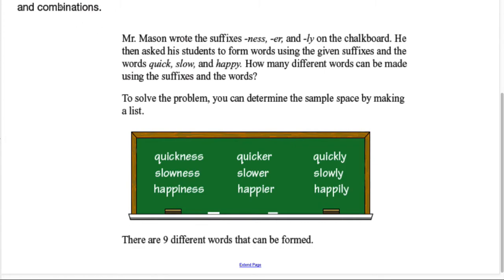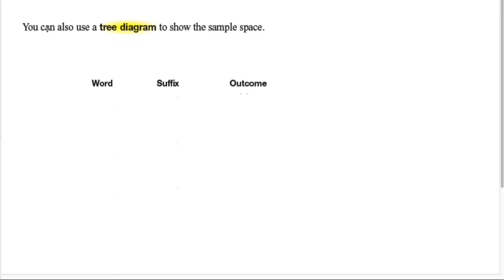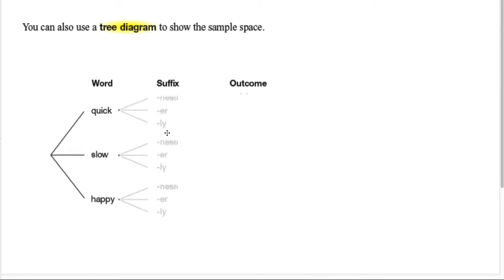In this particular case, we can also use a tree diagram to show the sample space. In a tree diagram, the words are quick, slow, and happy. The suffixes are ness, er, and ly.